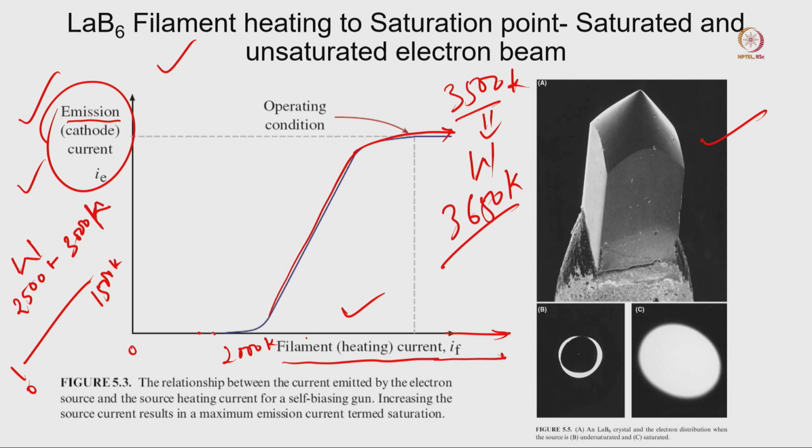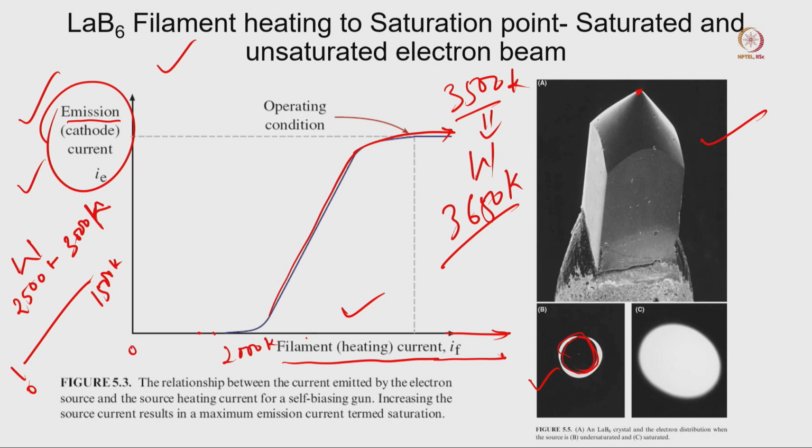In this particular temperature you can see this kind of distribution, where you have a center part, a very dark point, and that is basically the tip of that filament. It is an unsaturated electron beam, where you can see the tip of the filament and, outside, some kind of bright electron beam.